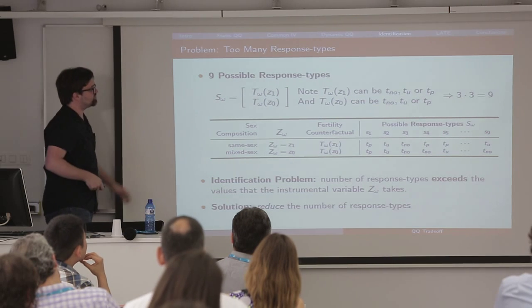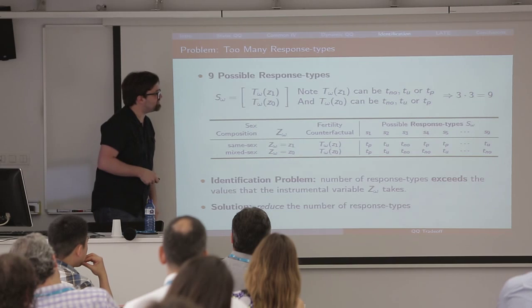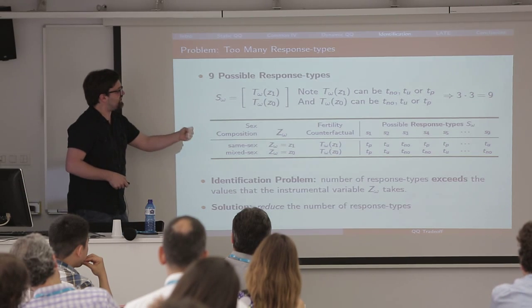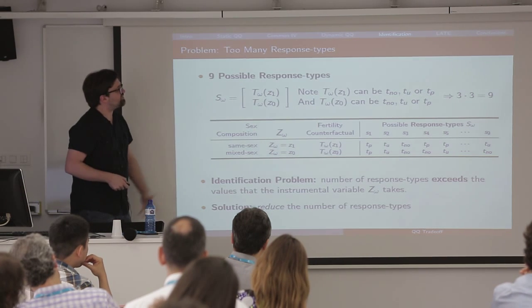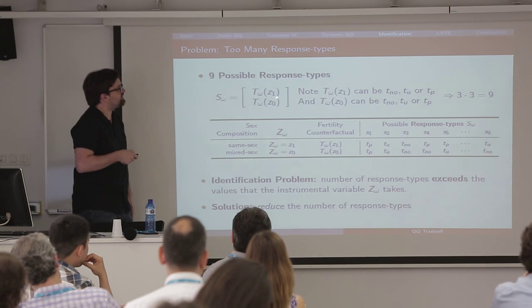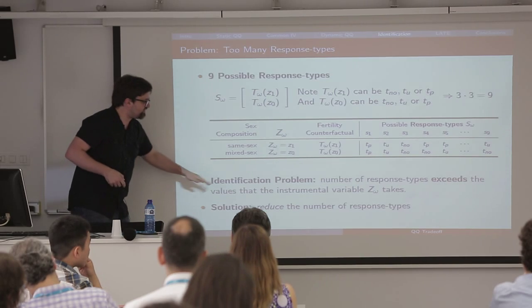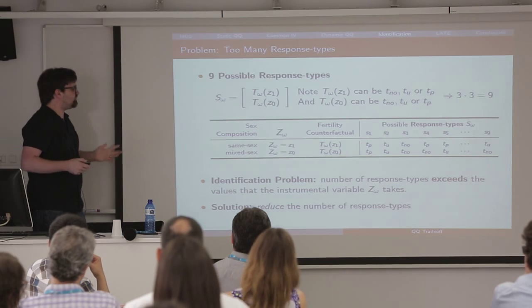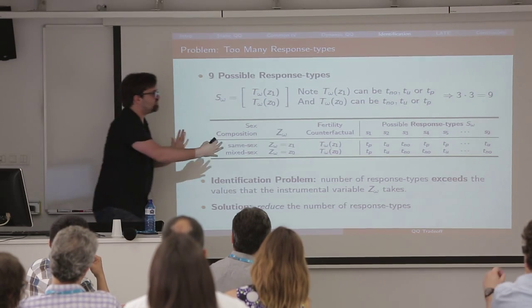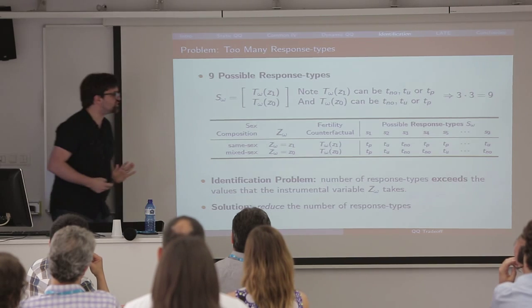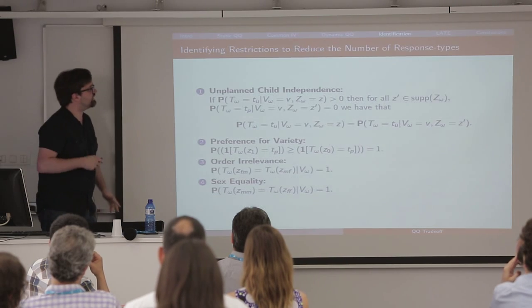So there are 9 response types. A response type is a vector that tells me what the family does in terms of fertility when the instrument is fixed at a particular value, okay? So there are 9 cases. And the identification problem boils down to the fact that you're going to have to reduce the number of types by imposing some sort of restrictions, otherwise it's unmanageable.